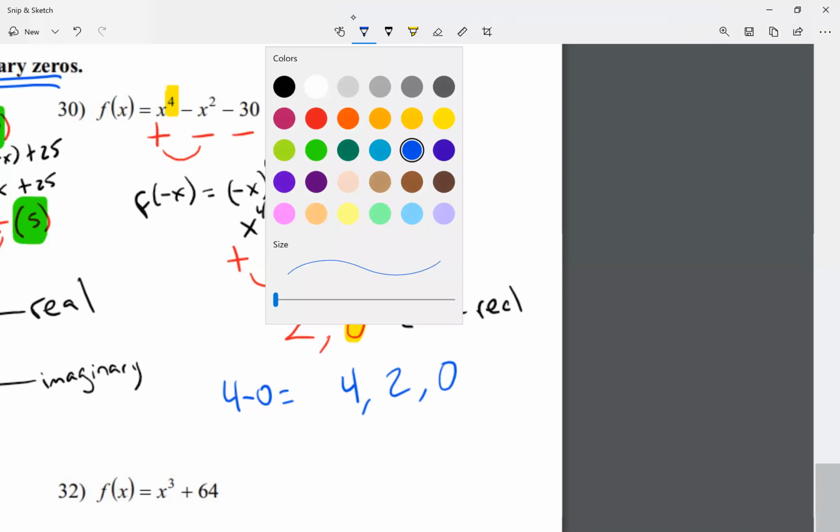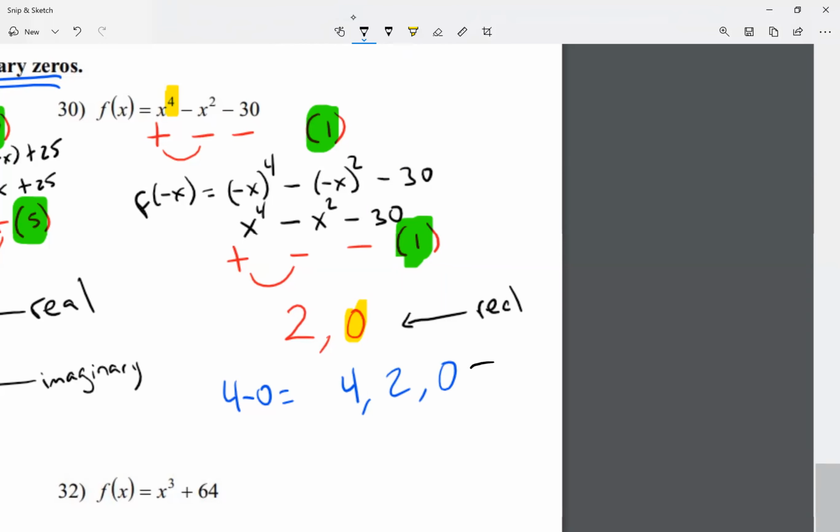I started at 4, and I kept on subtracting 2 until I reach either 1 or 0. But notice that for my imaginary zeros, I needed to know the smallest real zero. So even if I ask you just for the possible amount of real solutions, just get the real solutions. If I ask you for the possible number of imaginary zeros, you still have to get the real zeros in order to get the imaginary zeros.